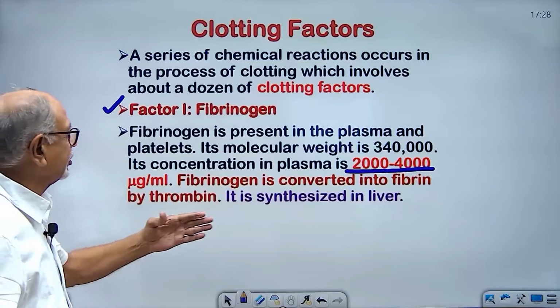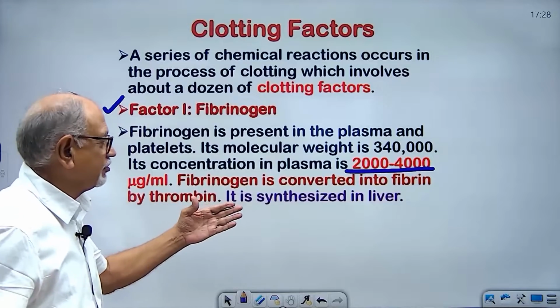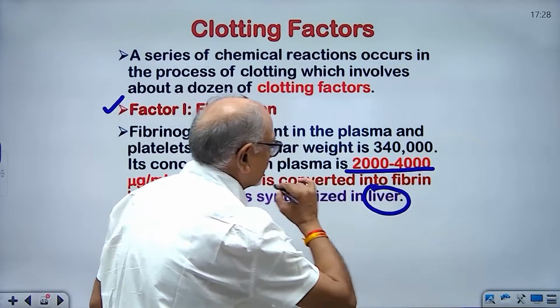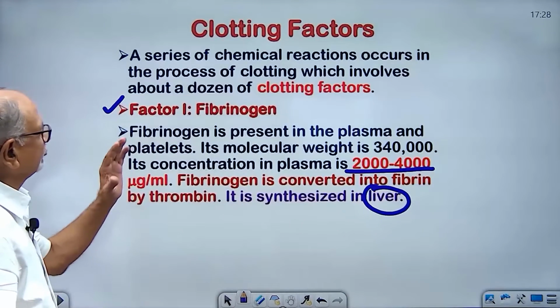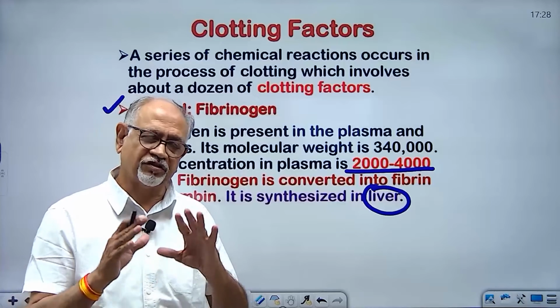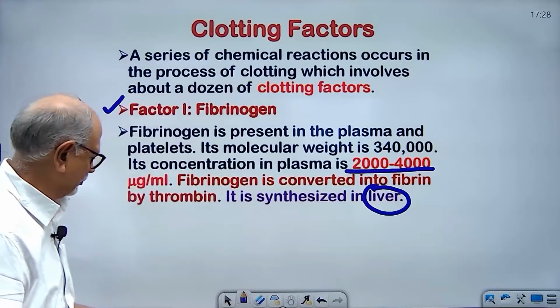Fibrinogen is converted into fibrin by thrombin. It is synthesized in the liver. So, this is the first factor, that is fibrinogen. It is a soluble protein. It is already present in the blood plasma.